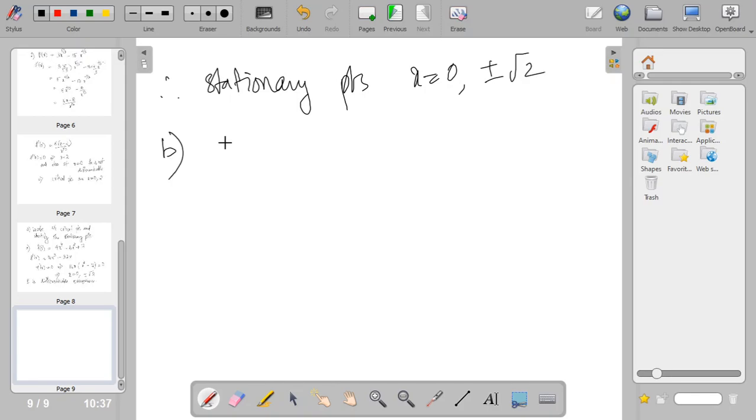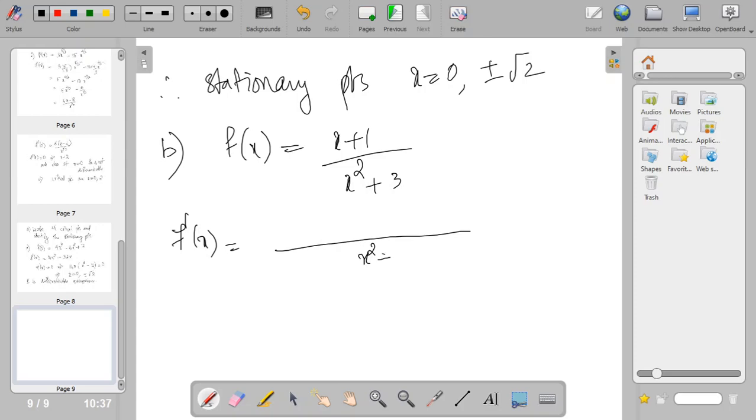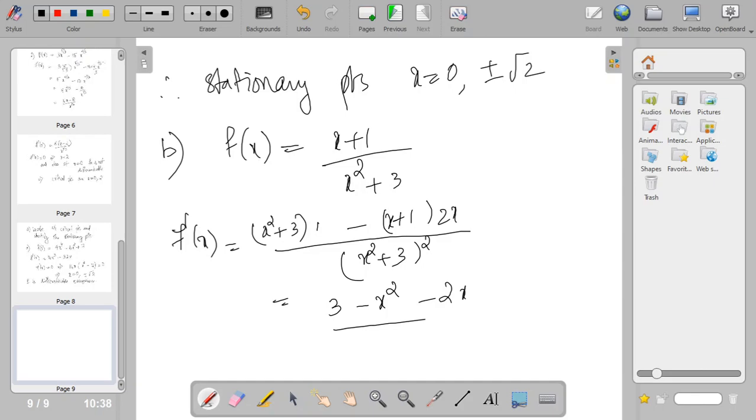And we will see one more question. So we have f of x equal to x plus 1 by x square plus 3. So when we take f dash of x, use the quotient rule, we will get x square plus 3 whole square in the denominator, and in the numerator x square plus 3 into 1 minus x plus 1 into 2x. So that will be 3 minus x square minus 2x by x square plus 3 whole square.